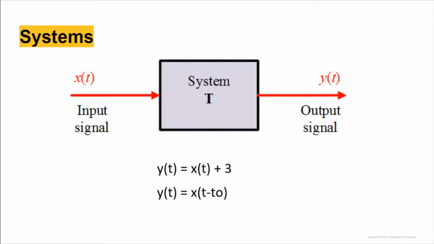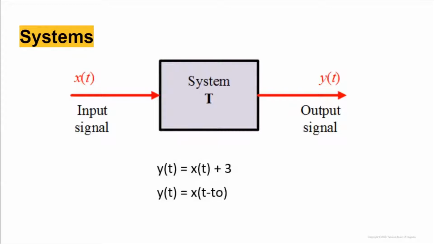But you have to be careful to remember that y and x are dependent variables and t is our independent variable. So we're dealing with 3 different variables in one system or one equation. At the same time, x of t is an independent variable to y of t, but t is an independent variable to x of t.